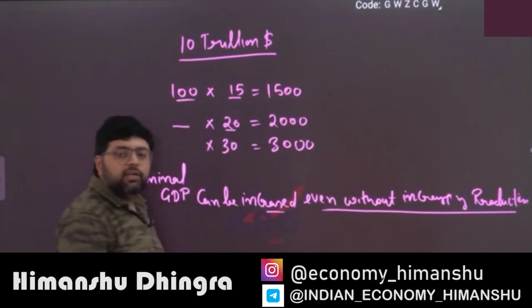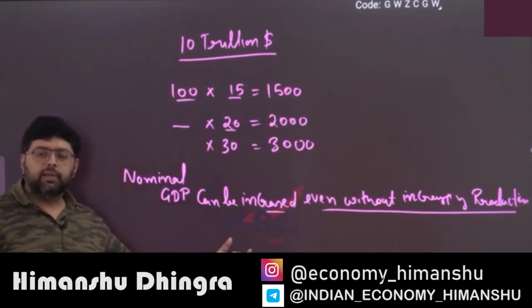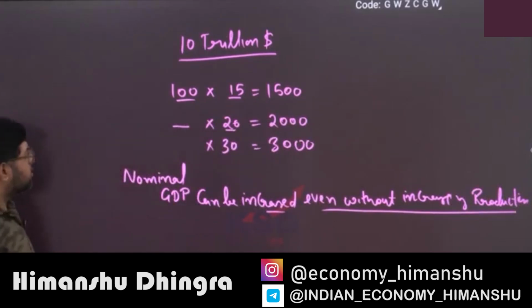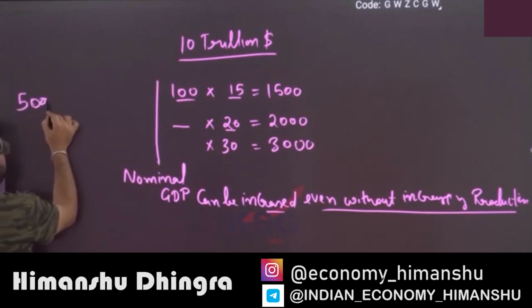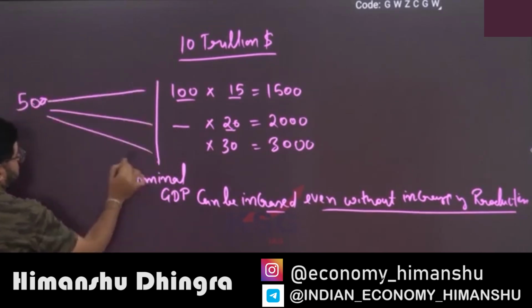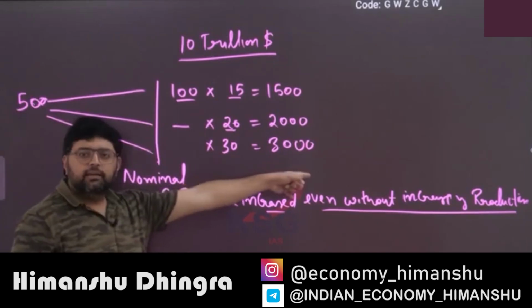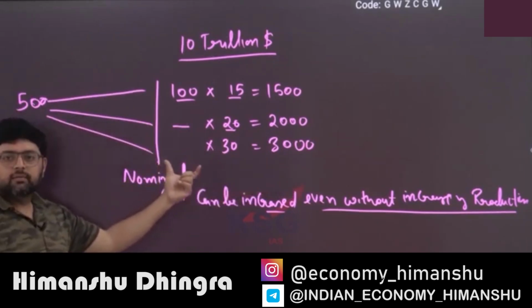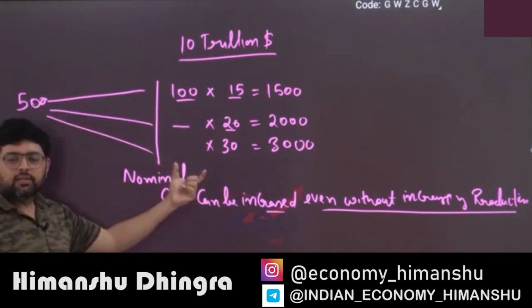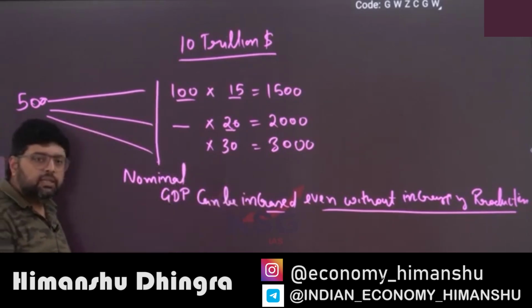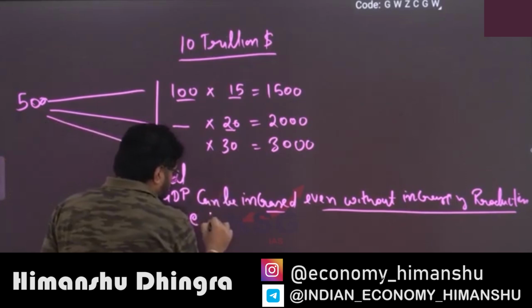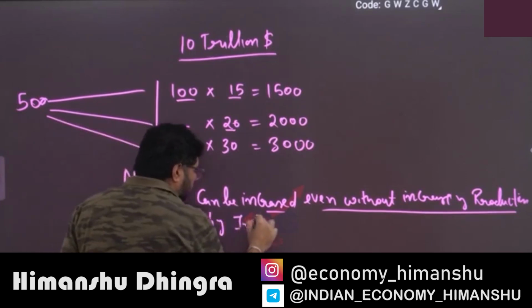Even without increasing production, you are increasing the nominal GDP, and now you compare. Suppose my base year GDP is 500, now I'll compare. You will see that GDP is increasing, but production is not increasing. So nominal GDP you can increase even without increasing production, that is by inflating the economy.